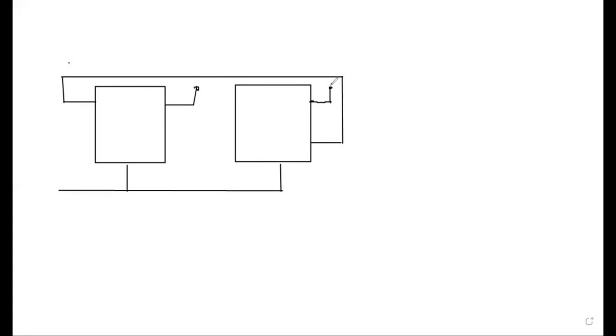Here there are two outputs, Q and Q bar. Here the negative edge triggered flip-flops are given. These are the clocks, J0, K0, where K is given as 1, and also J1, K1 is given as 1. So here we have Q0, Q0 bar, and here Q1 and Q1 bar. This is the output.